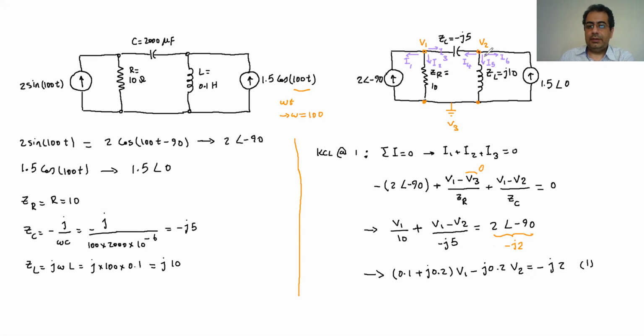Now I can write the KCL at point 2. Again, the sigma I at point 2 should be 0.